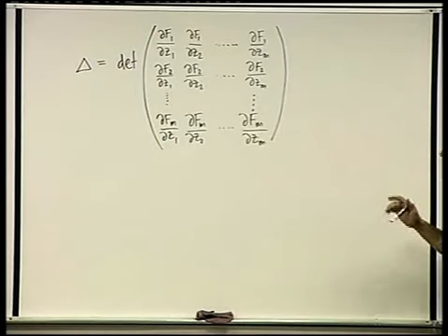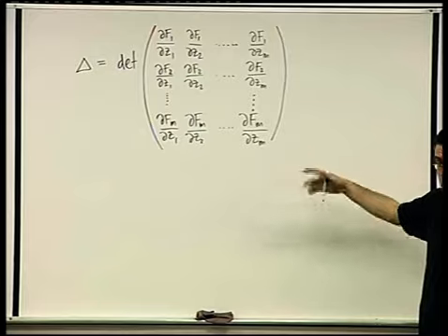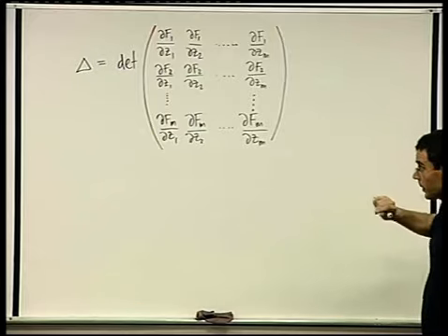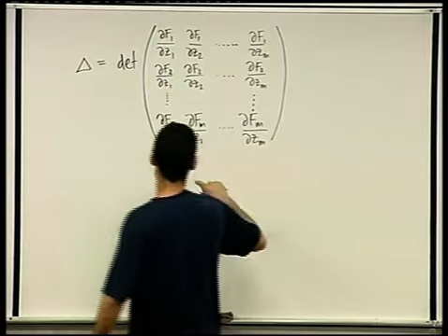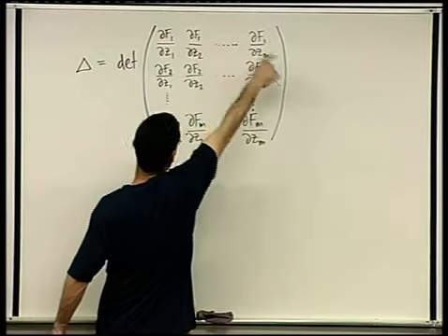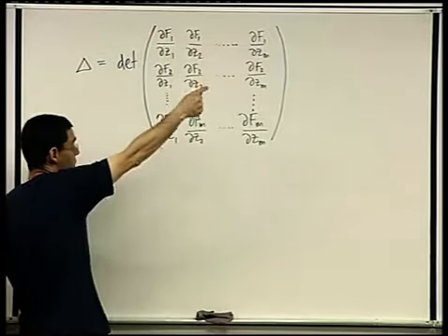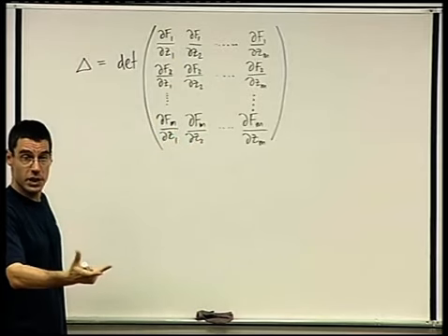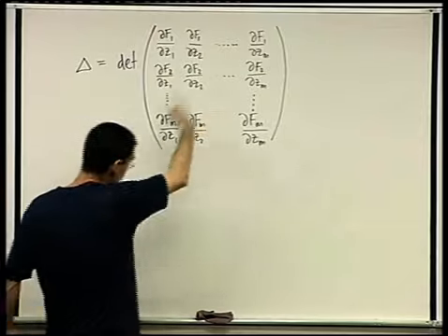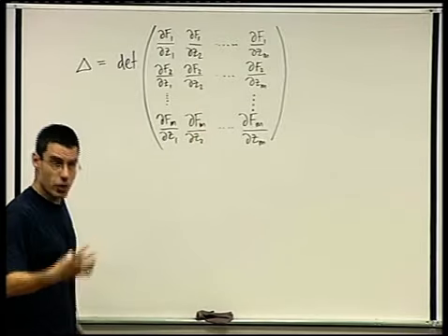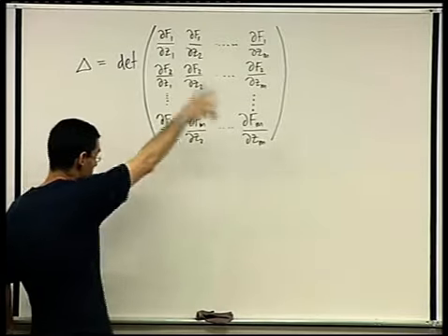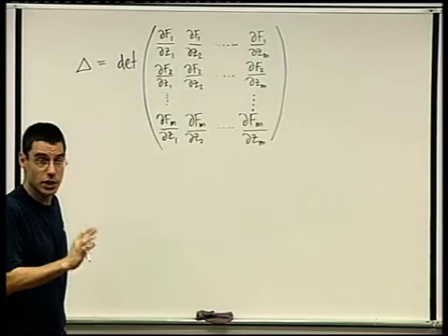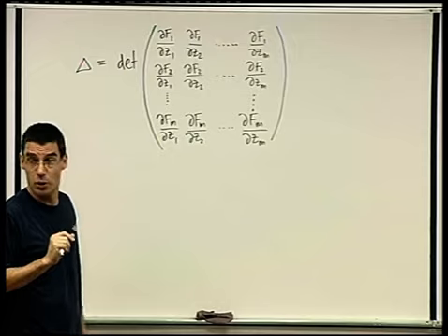Okay, so the determinant of this thing, what you have to do in general, we're going to do a more user-friendly example: you have to calculate all the derivatives of all the f's with respect to all the variables which you want to express as functions of the other variables. And then you have to do this complicated thing called a determinant, which I'm not going to remind you of in general, because the most we're going to encounter is usually 2 by 2 and 3 by 3, and those we know already.